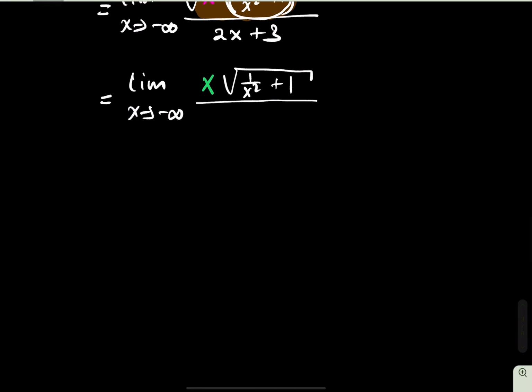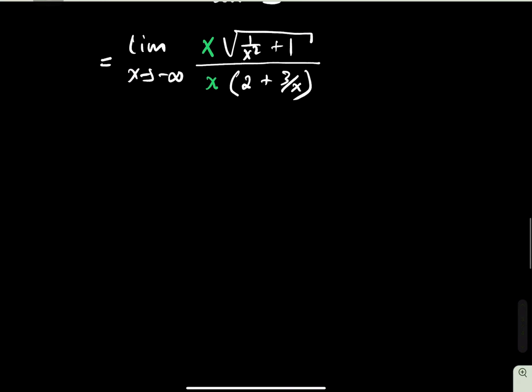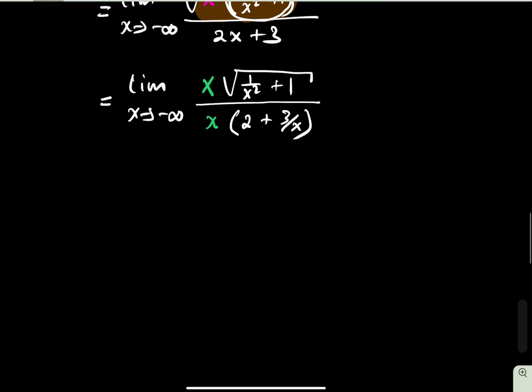Now you're going to divide this by 2x plus 3. So I'm going to do the same stuff and take the highest degree in my denominator, and I'm left now with 2 plus 3 over x. That should be very easy for you guys. Let's check. So you're going to get the limit as x goes to negative infinity.